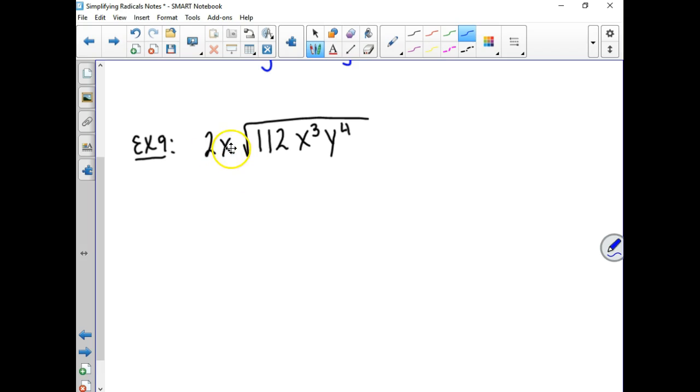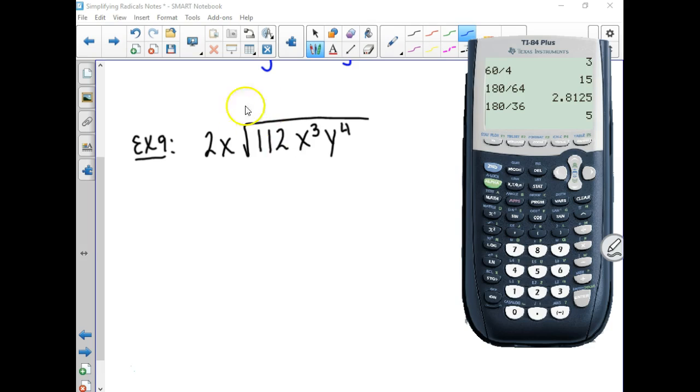Example 9, I've got 2x times the square root of 112 x to the third, y to the 4th. And whenever we are doing this problem, we want to break down 112, not a number that I know a lot of multiplication tables with. So 112, if we try maybe 16, that works. 16 and 7 will work.